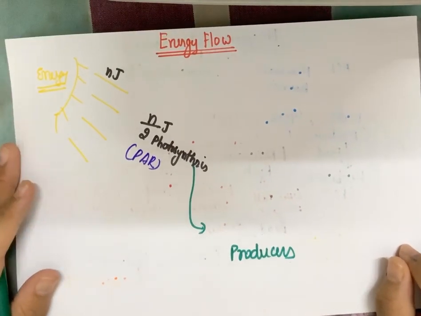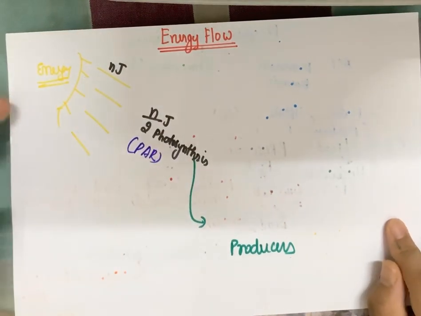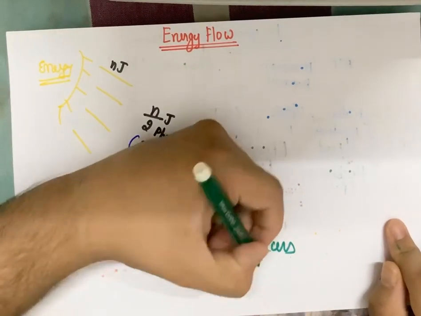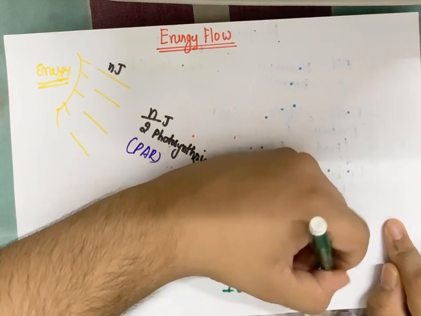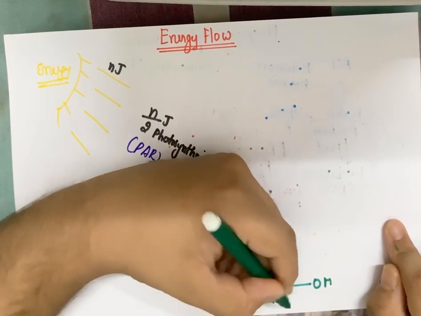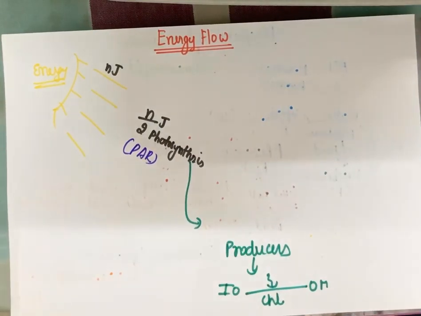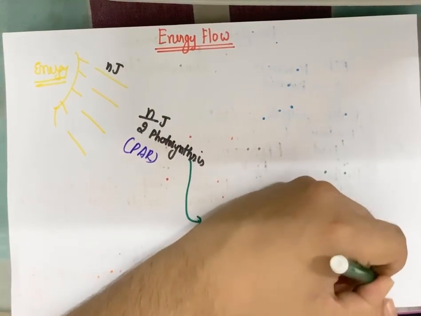Producers are those organisms which can convert inorganic materials, using the sun's energy, to organic materials, which are in the form of food. So producers convert inorganic material to organic material from sunlight with the action of chlorophyll. Because the producers have chlorophyll in them, they can do this reaction, and this whole reaction we know is called photosynthesis.